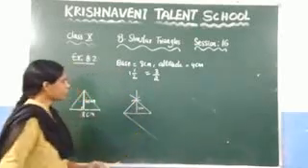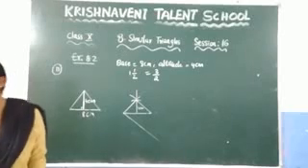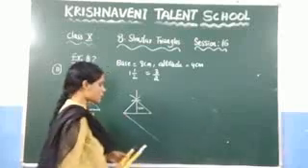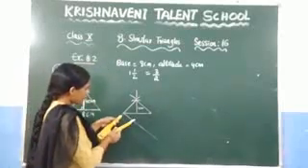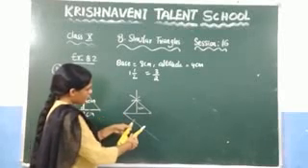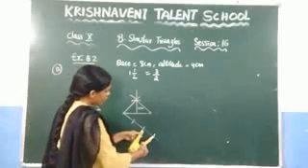In the given fraction, the maximum number is 3, so let us draw 3 arcs by taking some radius. I am taking this much radius. Without changing the radius, draw one more arc, and again one more arc.